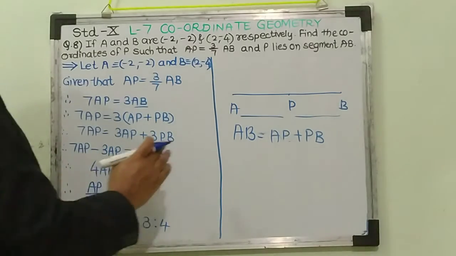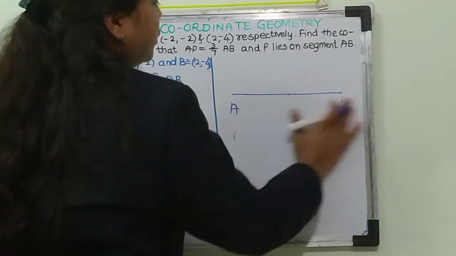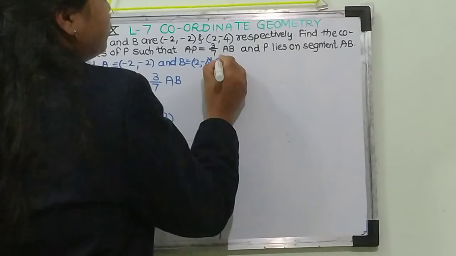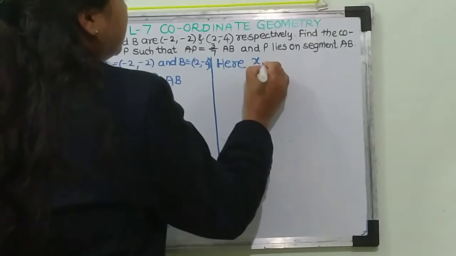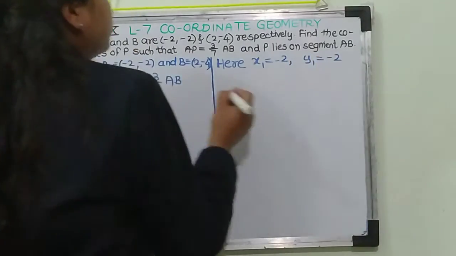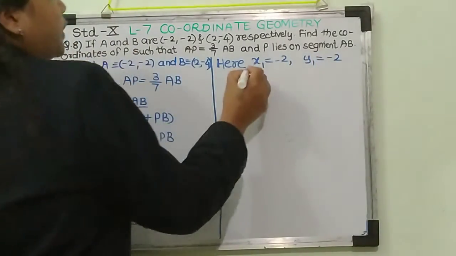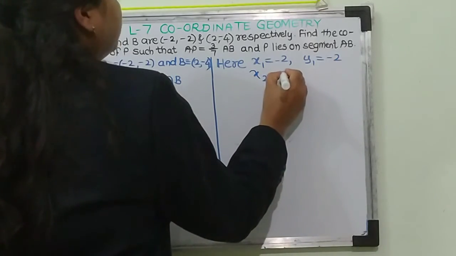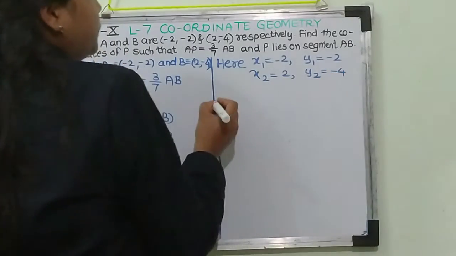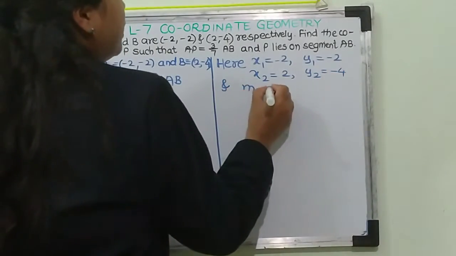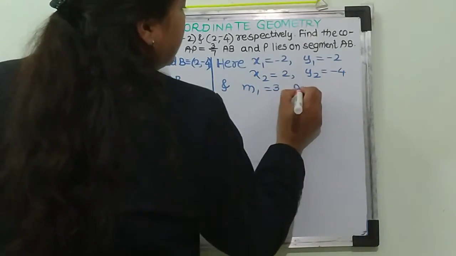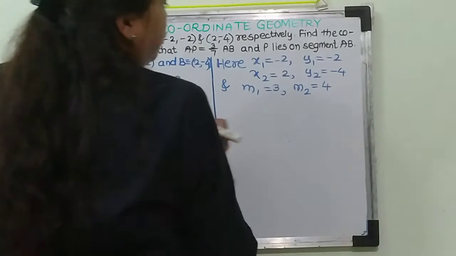Now we are going to apply the section formula. Before going to the section formula, we write first what is given. Here x1 we know is -2, y1 also -2, the coordinates of A. Then x2 equals 2, and y2 equals -4, and m1 to m2 is 3 to 4. So m1 equals 3 and m2 equals 4.